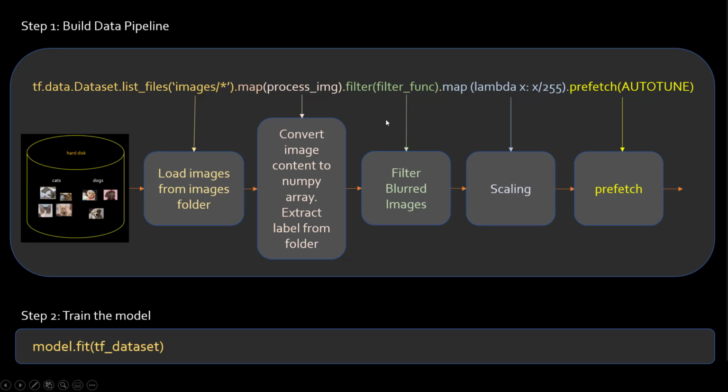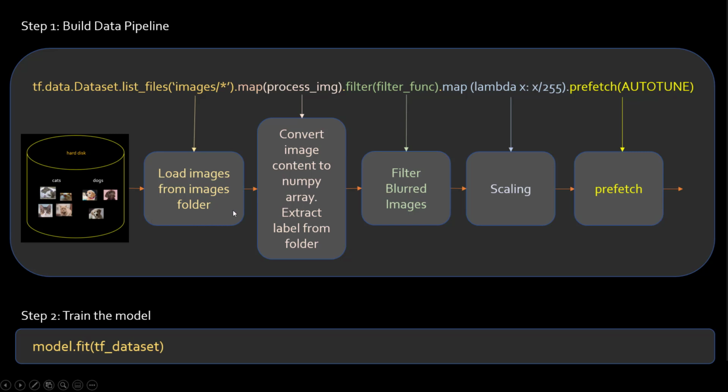Now we are talking about this map operation. So just think about this. You're reading all these images. You are converting them into NumPy arrays. Then you are doing filtering. You are doing mapping. You are doing so much processing, okay? And when you are running deep learning training for multiple epochs, you are doing the same operation multiple times.